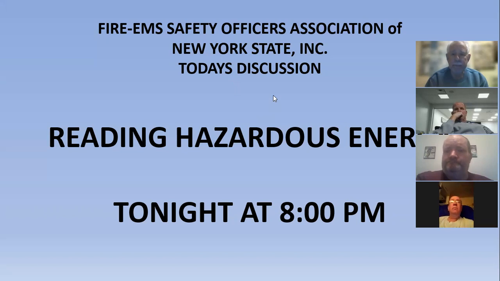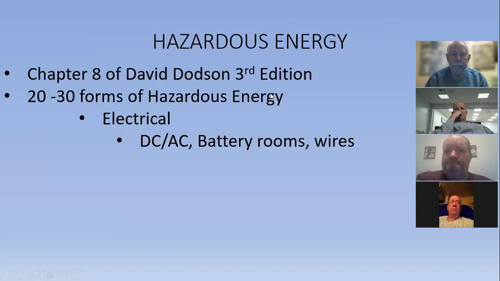So let's see. Okay, so it's actually chapter 8 of the Dave Dotson third edition Incident Safety Officer. And overall, there are probably 20 to 30 different forms of hazardous energy that a safety officer should be aware of on every scene.